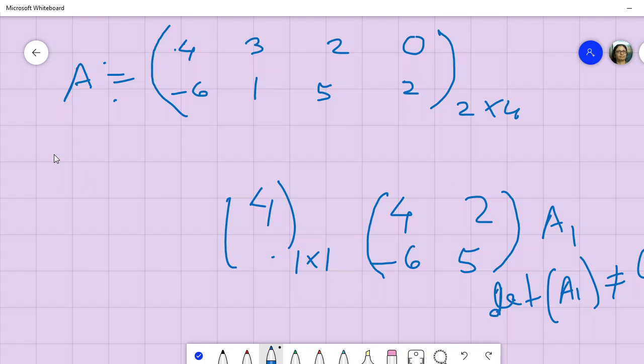So when we are given some matrix A, m by n, suppose m is less than n.